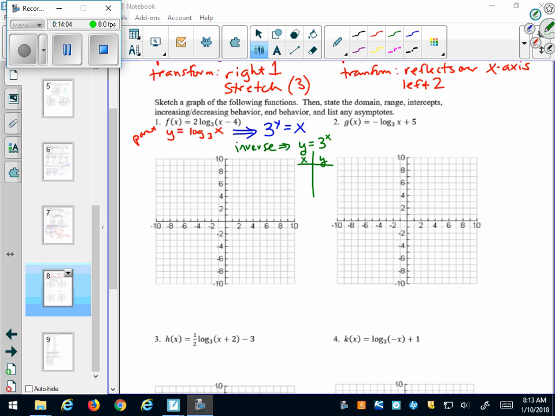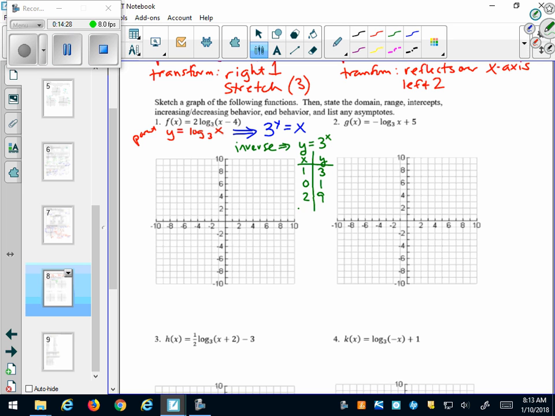Okay, so log base 3 of x is equal to 3 to the y equals x. We said we're going to graph the inverse of that because it's easier to graph y equals 3 to the x. So when x is 1, y is 3. When x is 0, y is 1. When x is 2, y is 9.